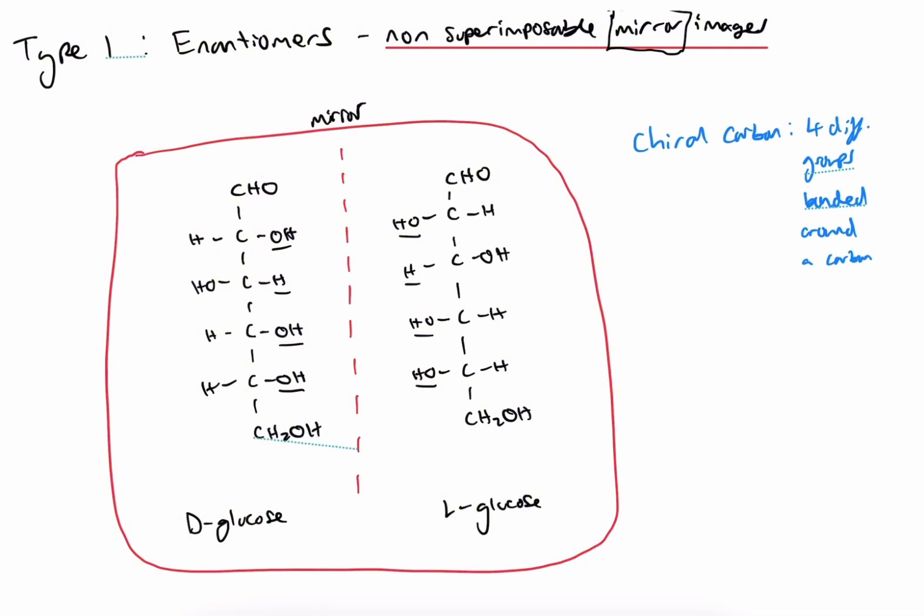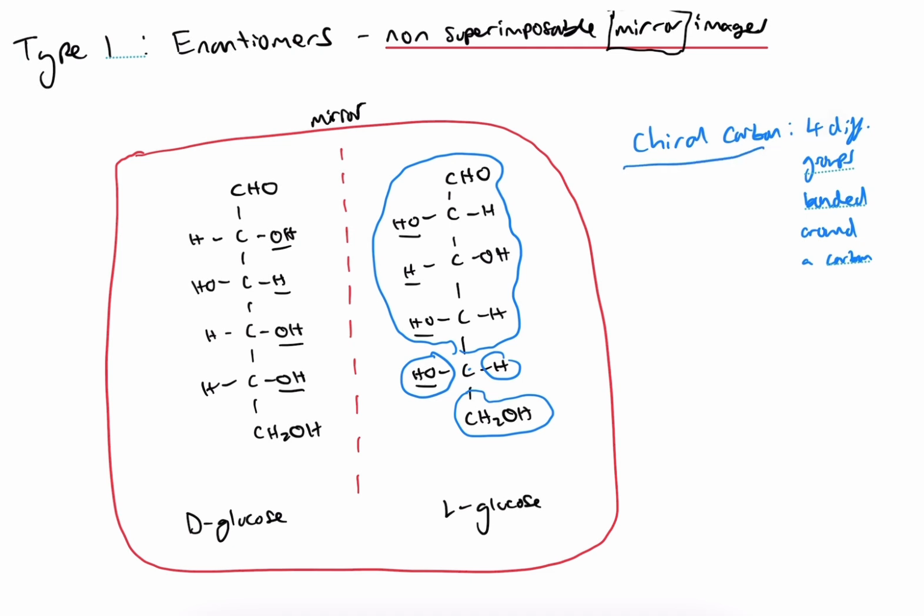So here you can clearly see this is the chiral carbon here, and it's bonded to this group, this group, this group, and this group. And clearly these are all different groups. 4 different groups bonded around a carbon is a chiral carbon. And we look to the last chiral carbon in the chain, so this one here, and this one here.